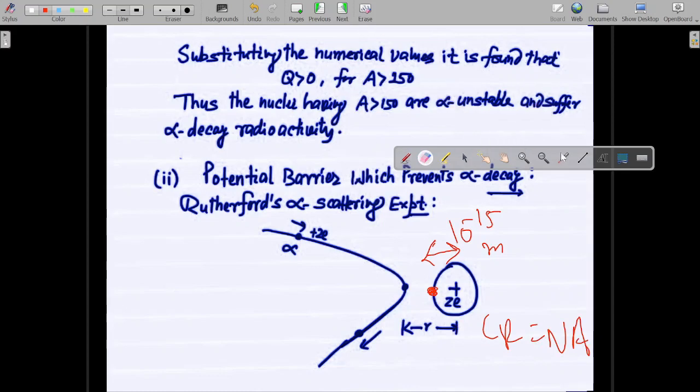If the alpha particle reaches up to here, or here, or here, then at all these points outside the surface of the nucleus, the Coulombian repulsion will dominate.